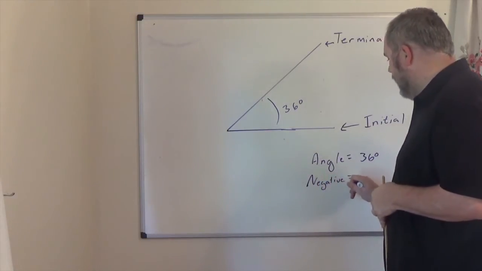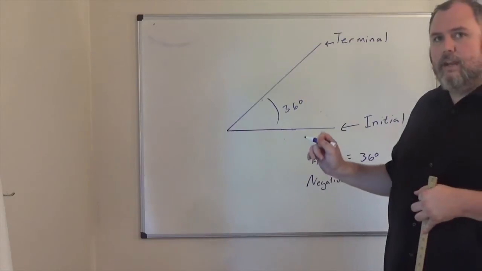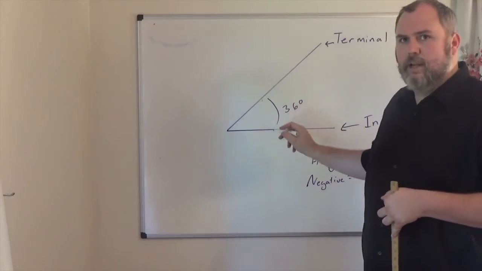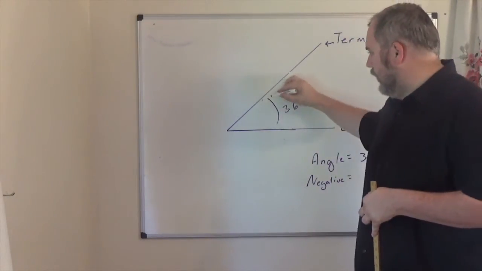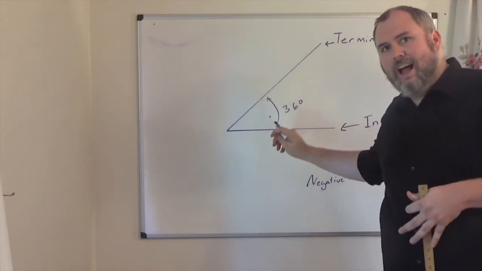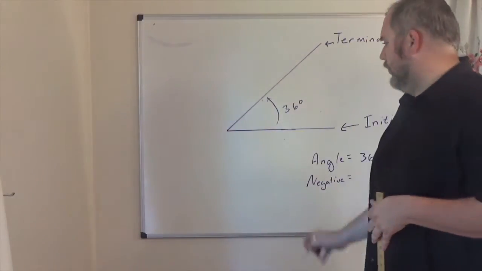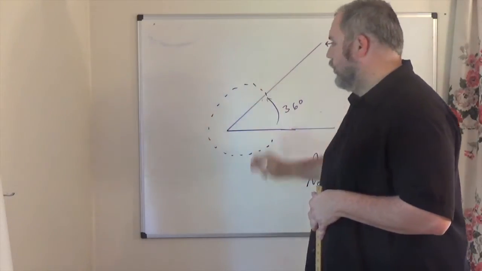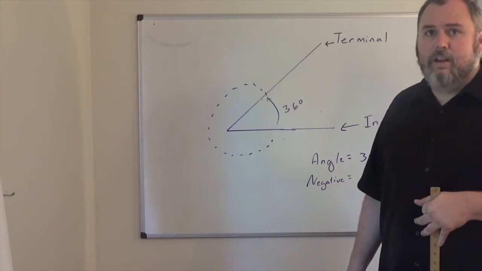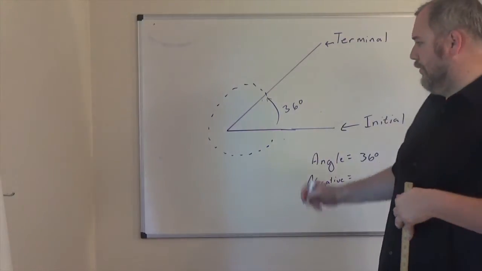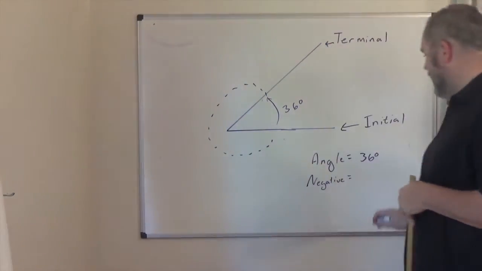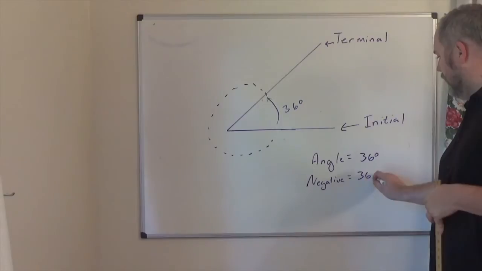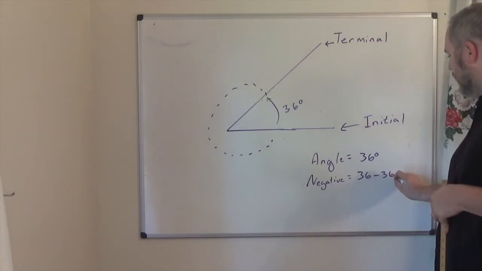So instead of going the positive direction that we always go to measure these things, we're going to go the opposite direction. So we're going to go this direction, and we're going to come back to it. Just like a while ago, we can find this angle by saying 36 degrees minus 360.